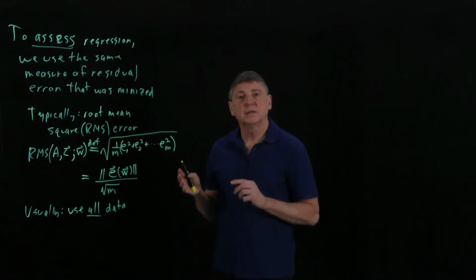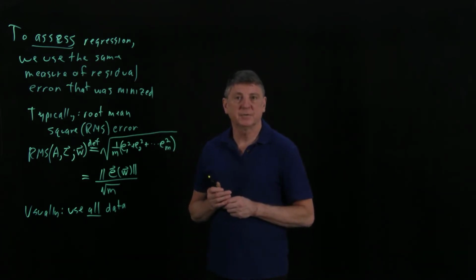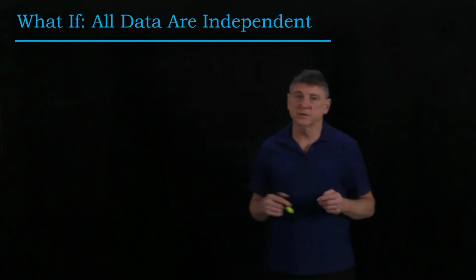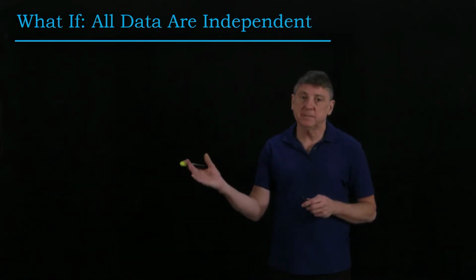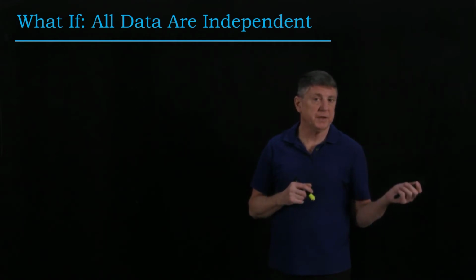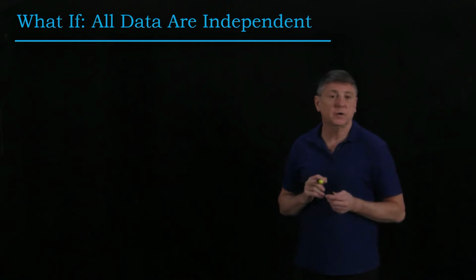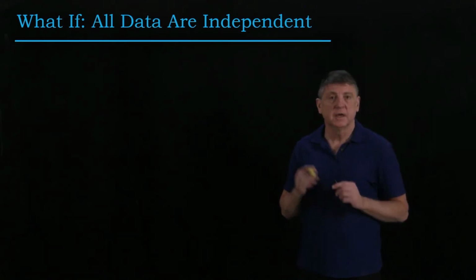So now, let's switch and examine a couple of the assumptions that underlie linear regression. One of the key assumptions of all of our linear regression so far is that there are two kinds of data. There are some independent observations and there are some dependent observations. Well, what if all of the data are independent? That can arise in many experimental contexts.